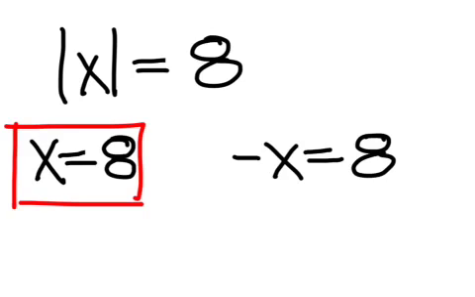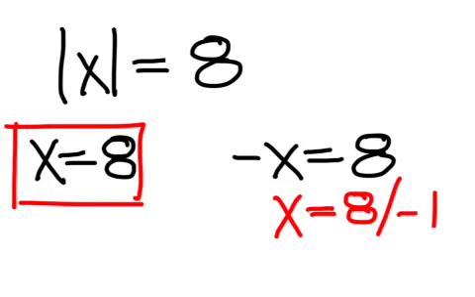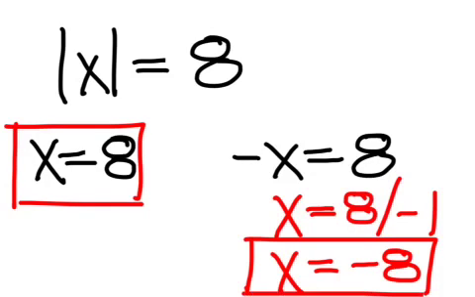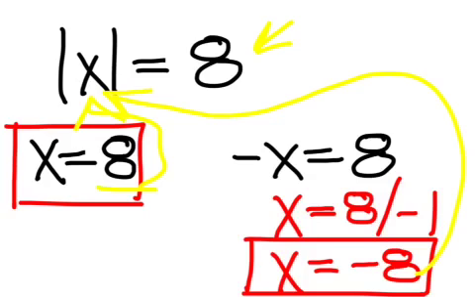But on the right, you're going to have to divide the 8 by the negative 1 that's with the x, and come up with a negative 8 for the answer. Check your answers. Notice that when you put 8 in here, absolute value of 8 is 8. And if I put a negative 8 in there, the absolute value of negative 8 is 8. So it works out.